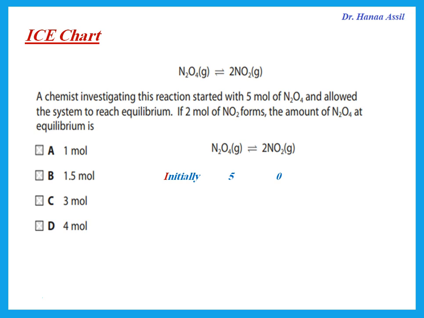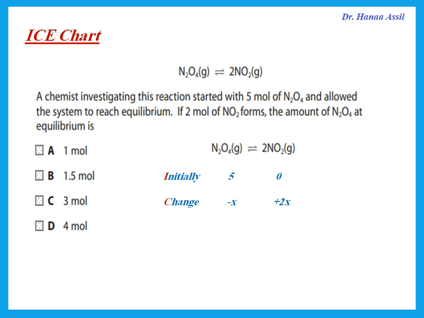Now, remember that in any equilibrium reaction, what is happening during formation of equilibrium? Part of the N2O4 breaks away to form NO2. Now, remember that how much breaks away has to do with the coefficient. So N2O4 has a coefficient of 1.